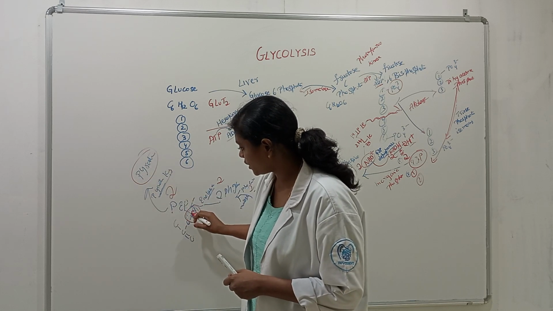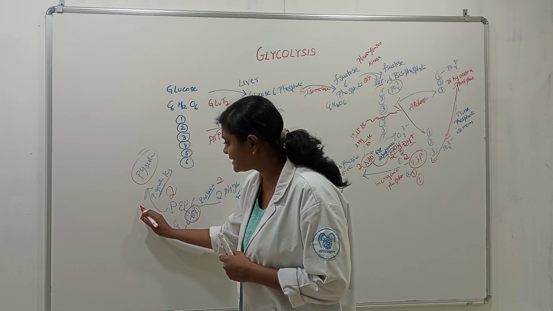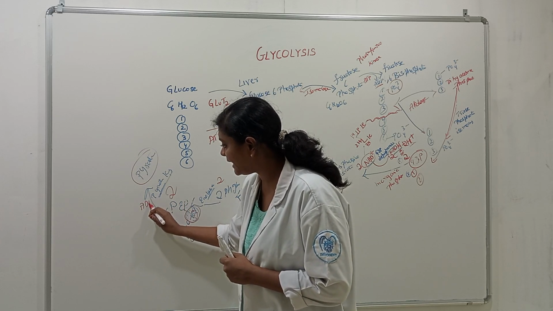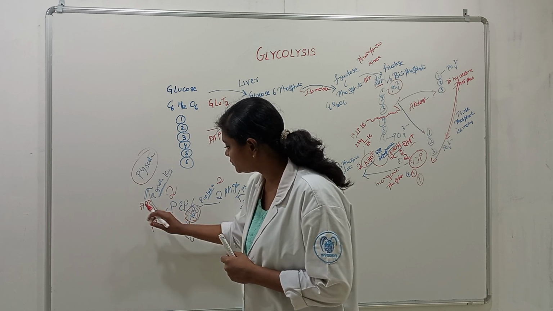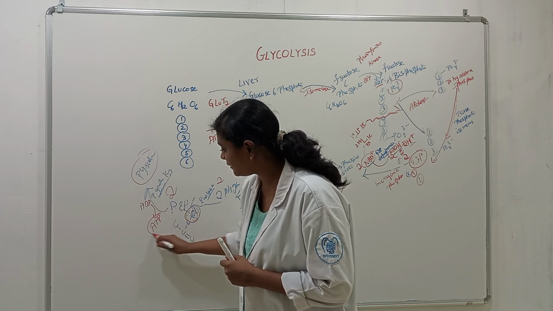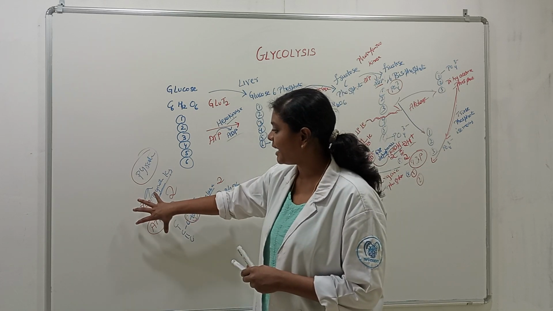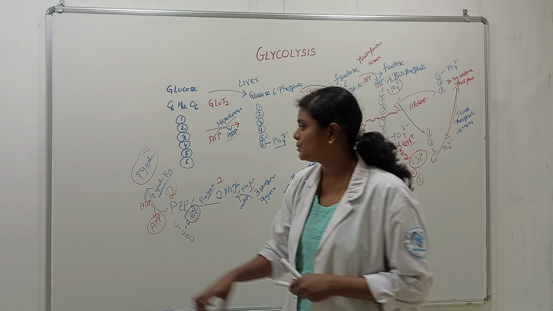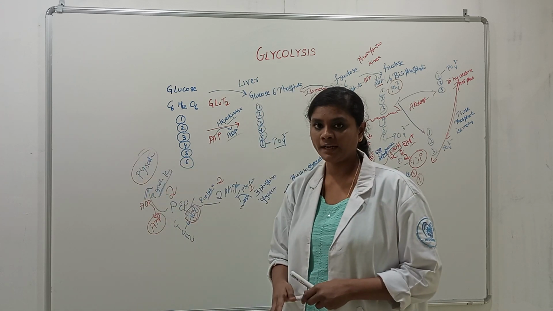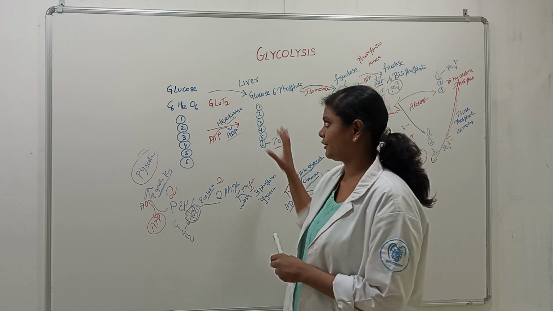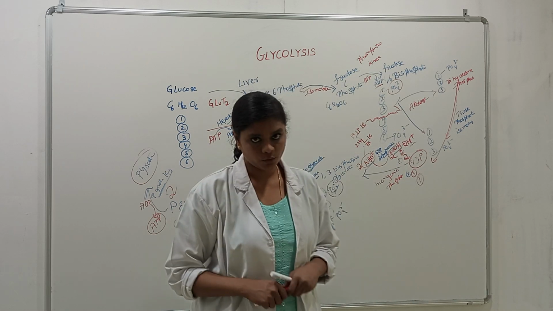This kicked out phosphate from phosphoenol pyruvate is donated to ADP, and after addition of this phosphate group it is getting converted into ATP. By removing all the phosphate groups there is a new product, known as pyruvate, which is the end product of glycolysis. This is how glucose is getting converted into pyruvate.